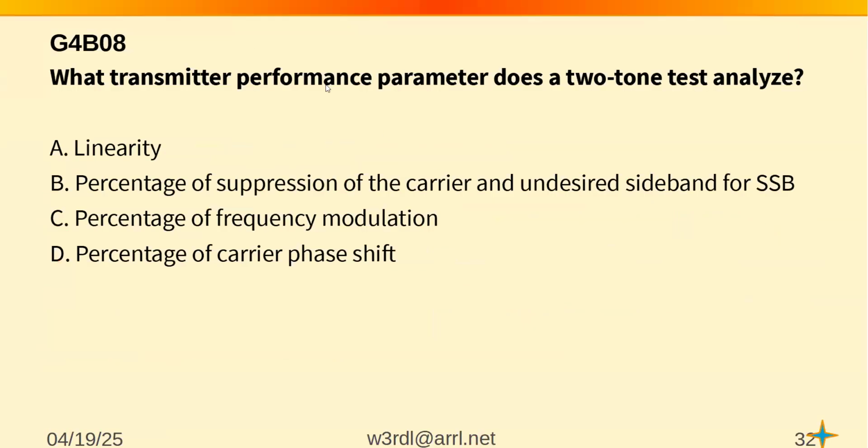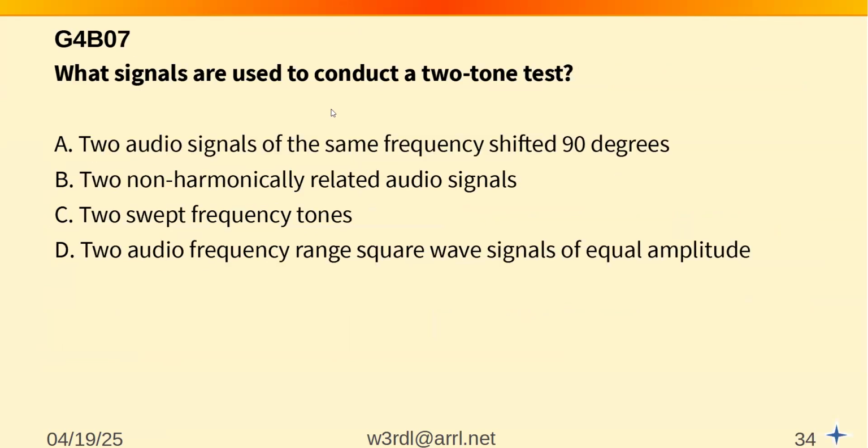So what transmitter performance parameter does a two-tone test analyze? Alpha. What signals are used to conduct a two-tone test? Yeah, you can't use I and Q, which would be alpha.